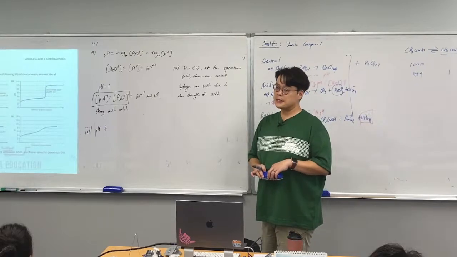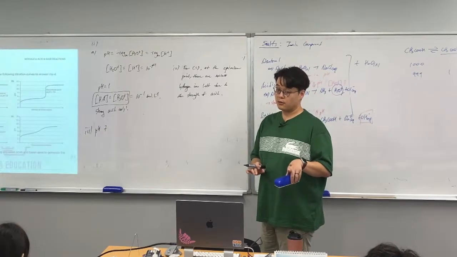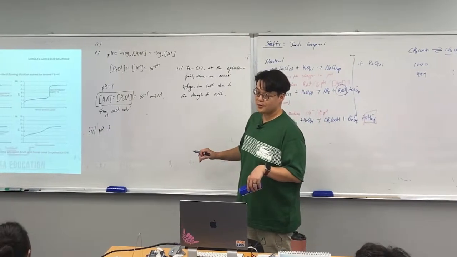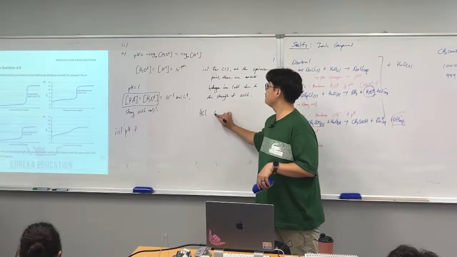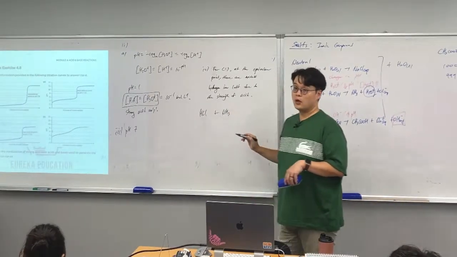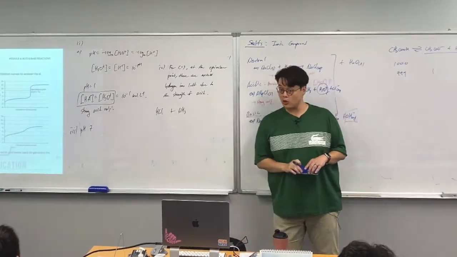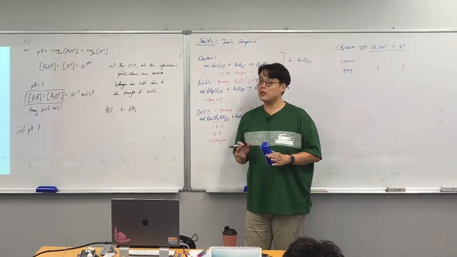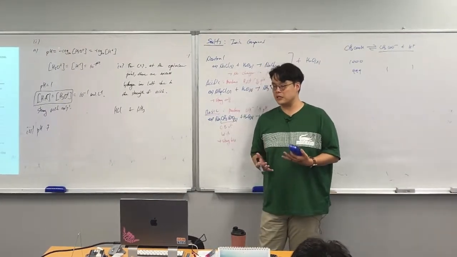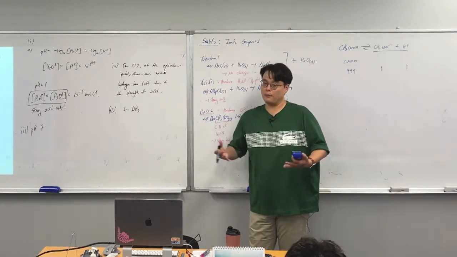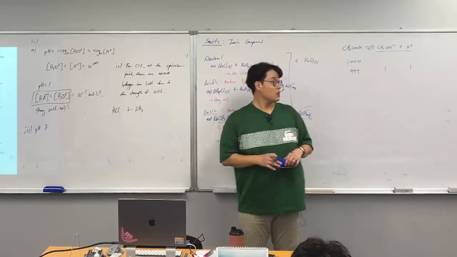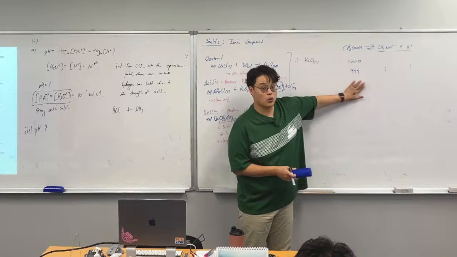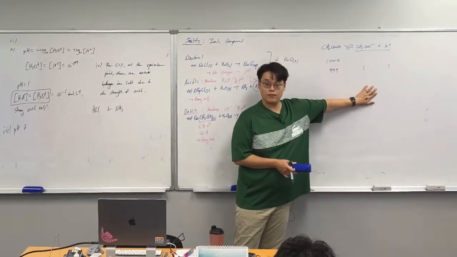Does that make sense? Eddie? Yeah. Did that kind of make sense? Confused? Yeah, but then why wouldn't you just add more base? There's no point in adding more base though, because the base is a weak base, which means we'll be limited. If we want to neutralize that with a weak base, we have to use quite a large amount of the base, because out of 1,000 only one releases a hydroxide ion.